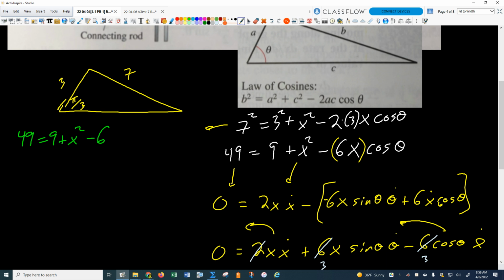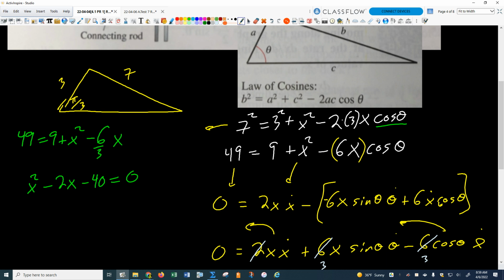So this part, cosine of pi thirds, becomes a 1/2. Okay, so what's that give us then? X squared minus 2x. If I subtract the 49, I get a minus 40 equals 0. Double check me on that.